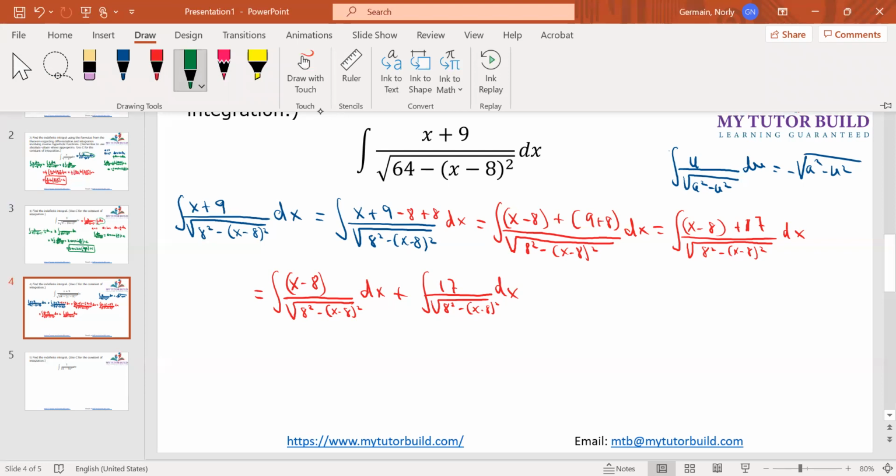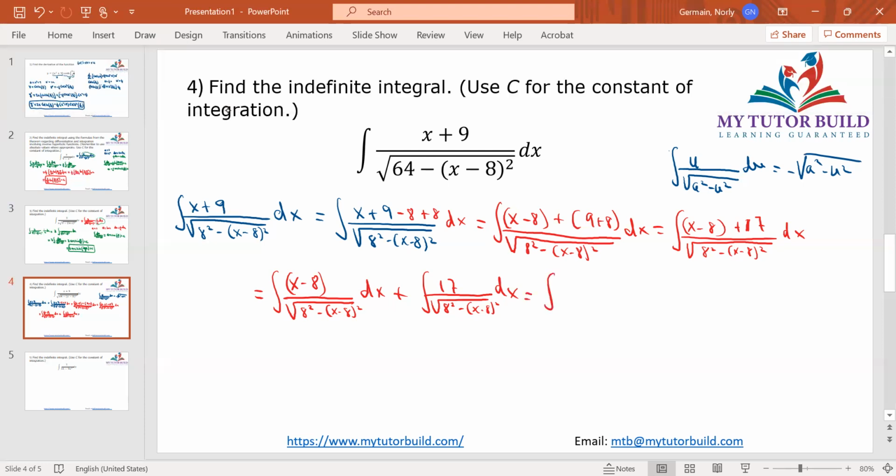Let me continue with red first. We're going to have x minus 8 over square roots of 8 square minus x minus 8 squared dx. Let's bring the 17 outside. So we simply have dx over square roots of 8 square minus x minus 8 square.